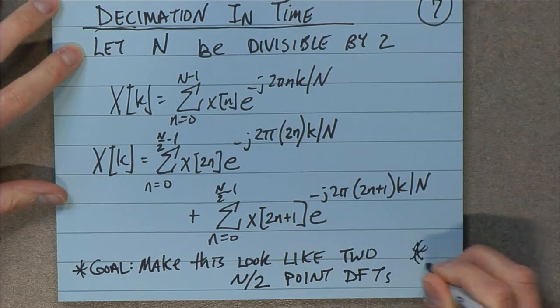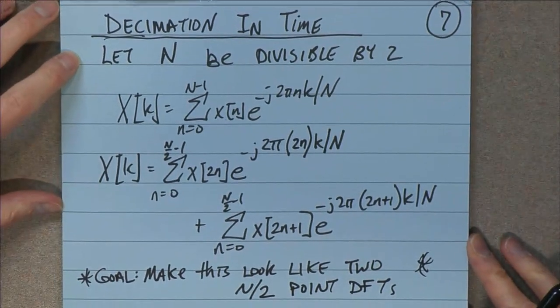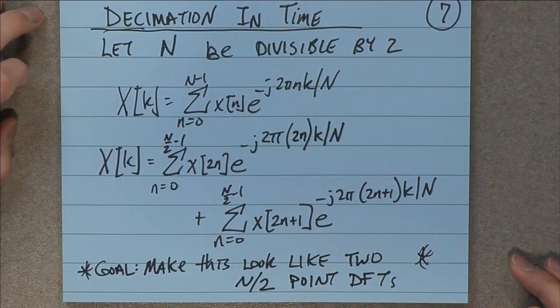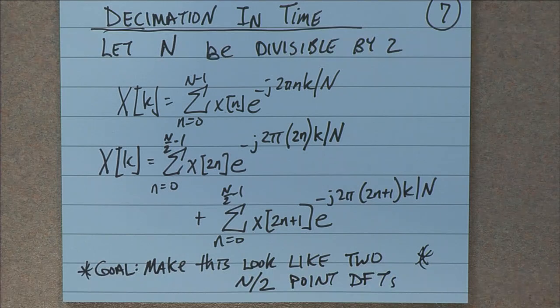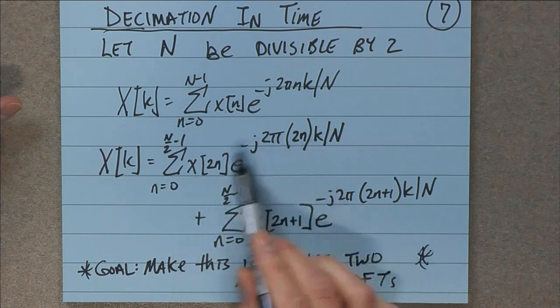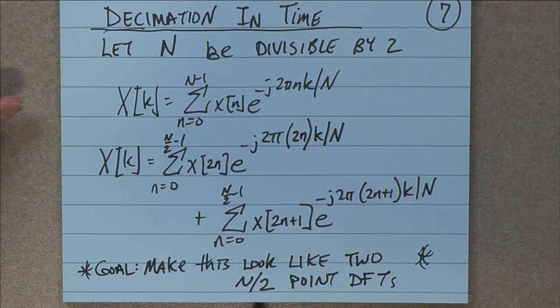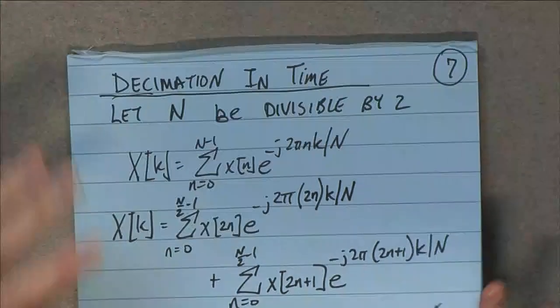That's the nature of the approach. We keep trying to break it down. And why does that work? Because it's proportional to N squared. So now if we keep breaking it down, it's going to be proportional to N over 2 raised to these powers squared. So the key is, how can we manipulate these expressions to make them look like N over 2 point DFTs? That's where we're headed.